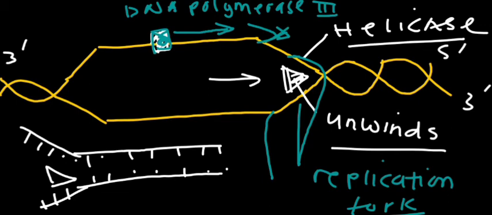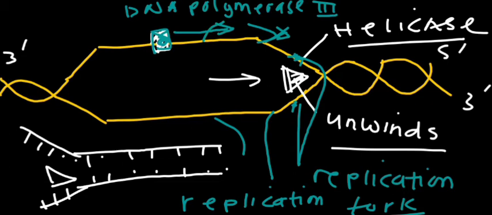It's very interesting and very fun, and I'm sure it's very easy to remember. So these strands forming a Y shape are called the replication fork, and this part where there's a bulge, the whole thing, is called the replication bubble.